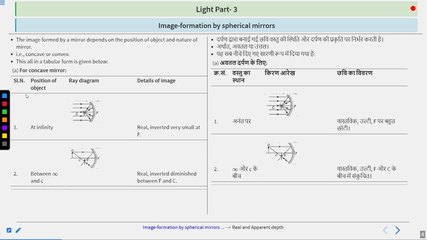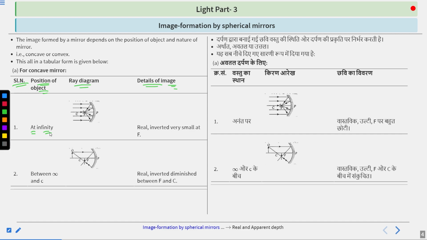Case 1: position of object, ray diagram, details of the image. In the first case, we put the object at infinity, which means we have not defined the distance between the object and the mirror.